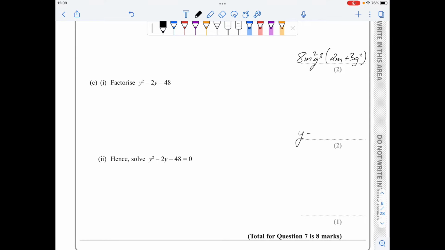So I've got y minus 8 in the first bracket, y plus 6 in the second one. And if I set this equal to 0, I will get y is equal to 8 or y is equal to minus 6. So 8 and minus 6 are the two answers.